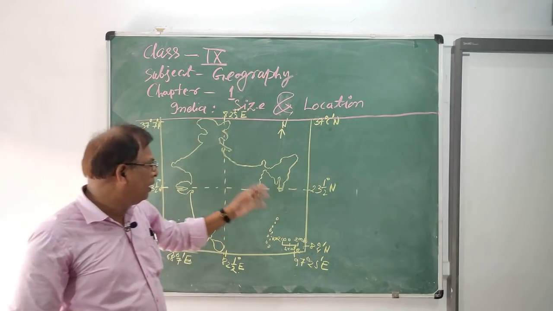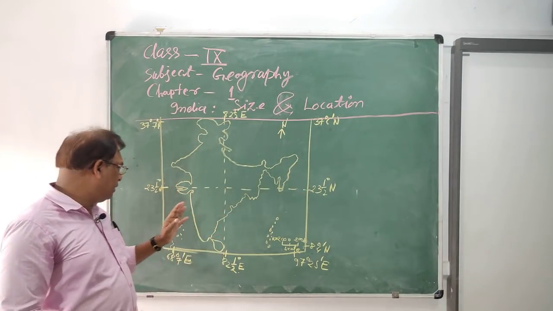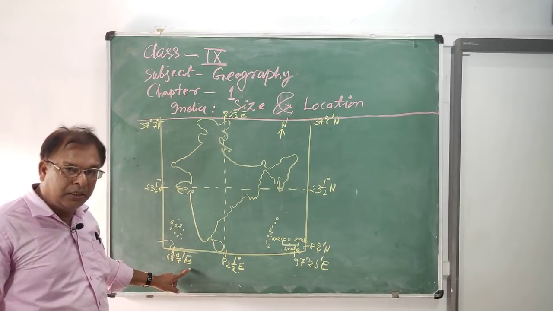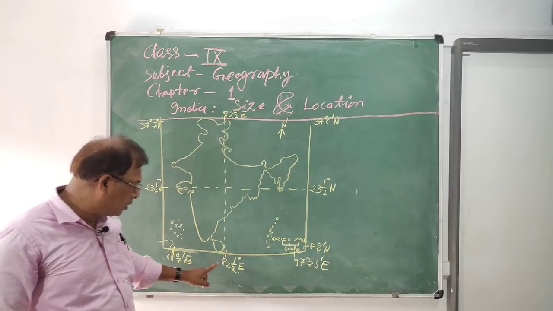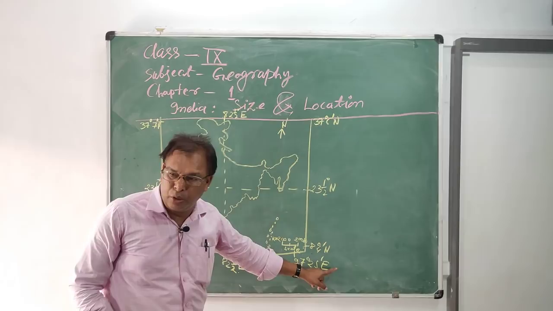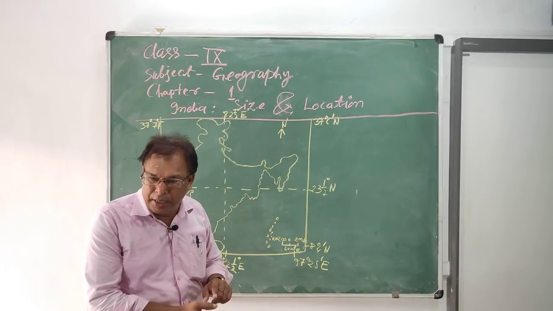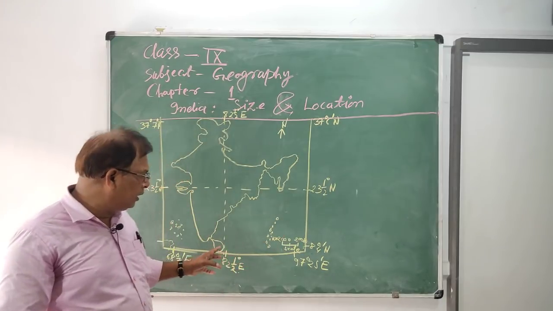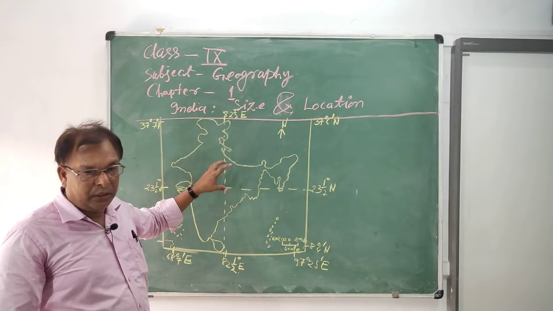And India also lies between 68 degree 7 minute east longitude and 97 degree 25 minute east longitude. That means east to east and north to north. It also shows India's location.